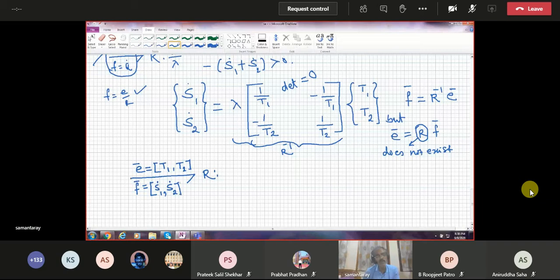We have to take a transpose because we have to take E bar dot F bar. If you do not take the transpose, it will not work out. P1, P2, that R, whatever R will come, that is the effort.